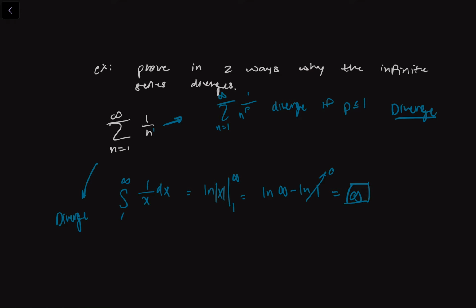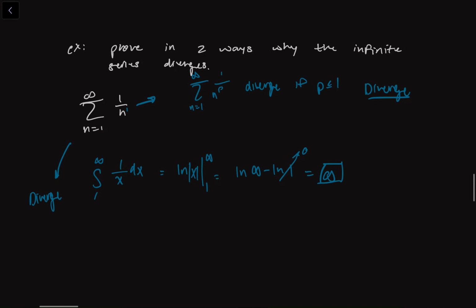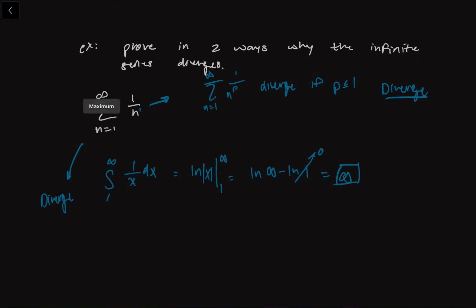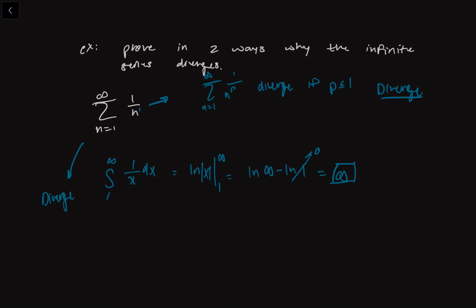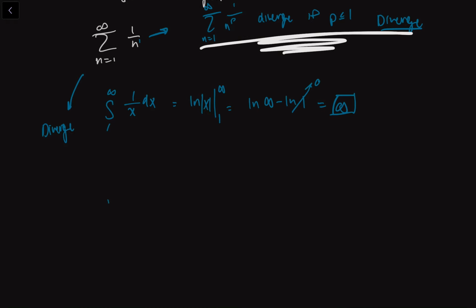So that's the end of these 4 problems using the integral test to determine convergence or divergence. But I just want to show why. It was a pretty quick video, so I want to show why this is. We can prove this p-series test. It originated from the integral test.